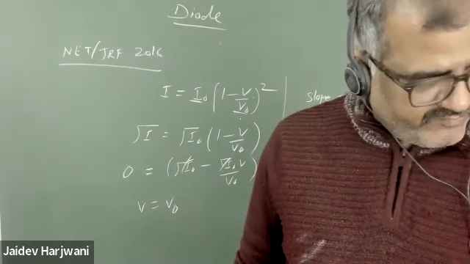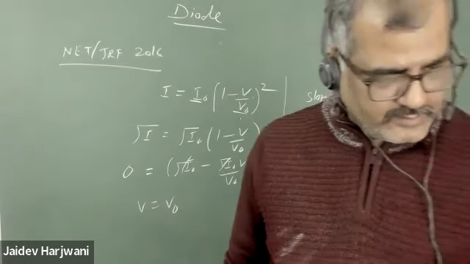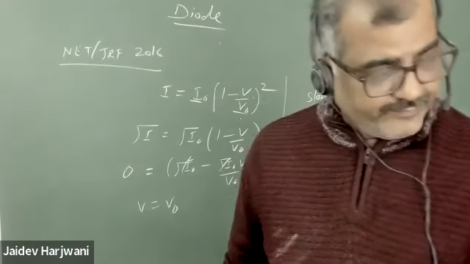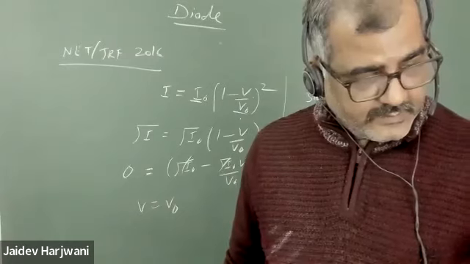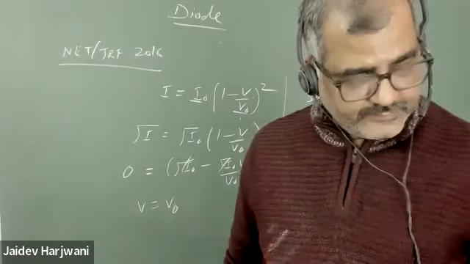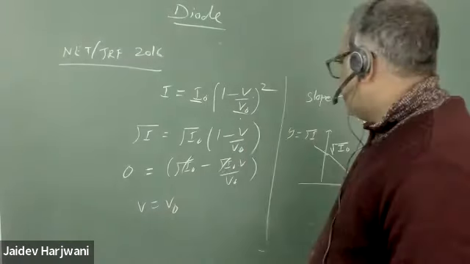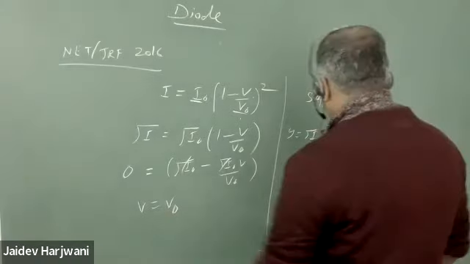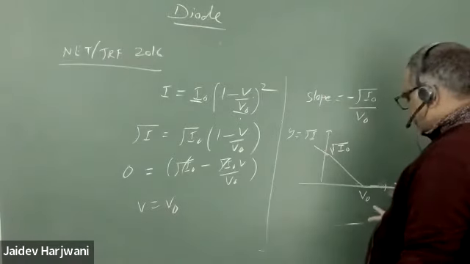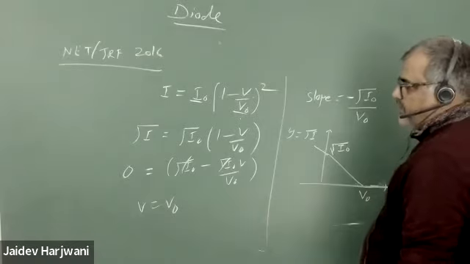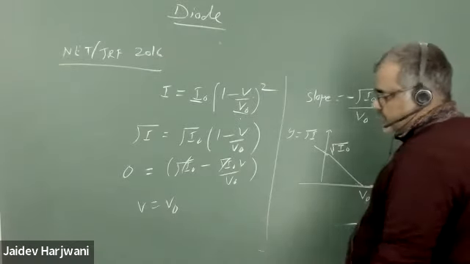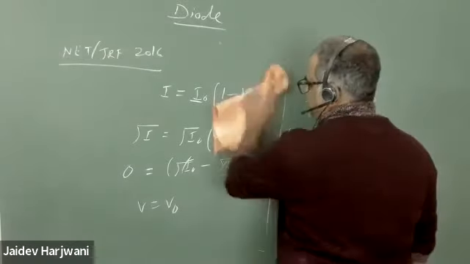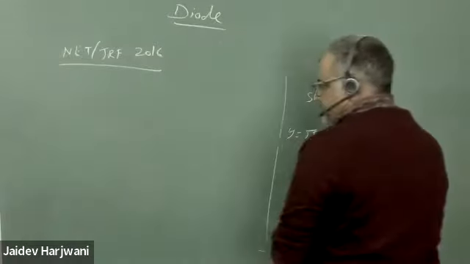So I want V naught. Sir, the y intercept, no? The x intercept option is not given. So suppose you want to find V naught: they have given the option of the slope.